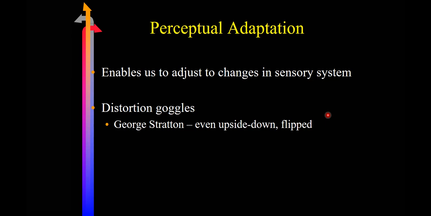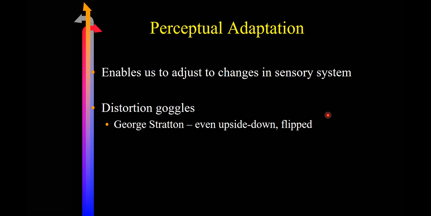After several days, everything appeared to be right side up. They were able to throw and catch balls. They were able to even drive cars, just in the college parking lot, but they were able to do it. What had happened? Their perceptual systems had adapted to that change in sensory input and literally inverted it.